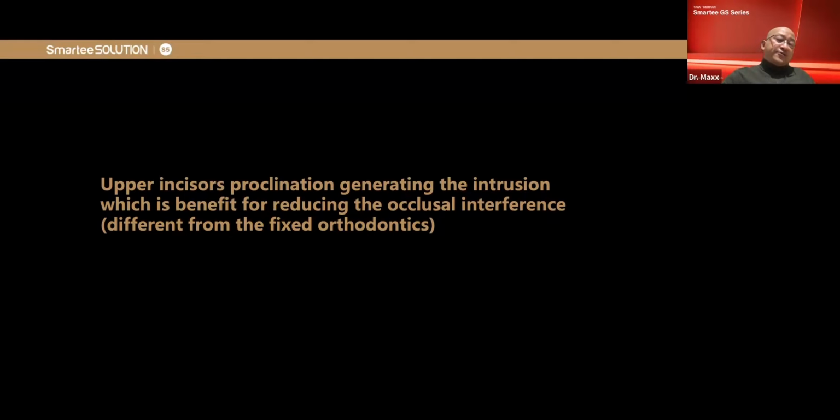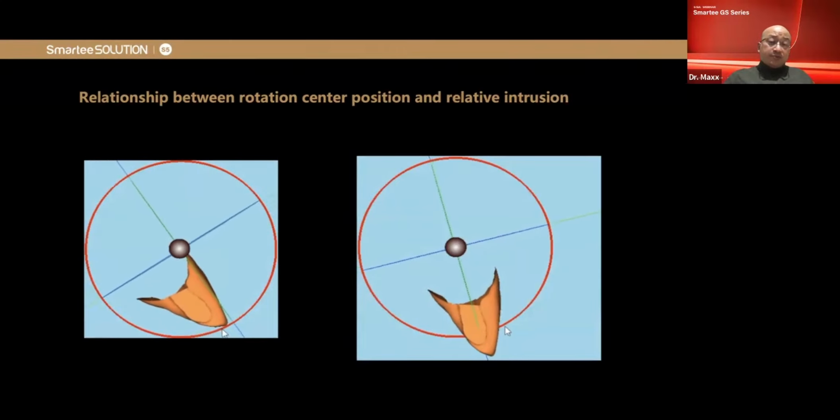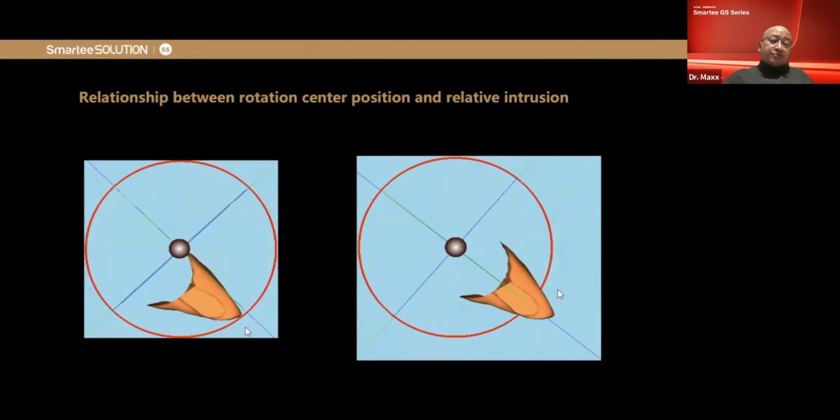So it's quite different from fixed orthodontics. We can use the aligners to solve crossbite problems. It's the same principle as the previous cases, so we also consider the relationship between the rotation center position and the relative intrusion, which is quite interesting.